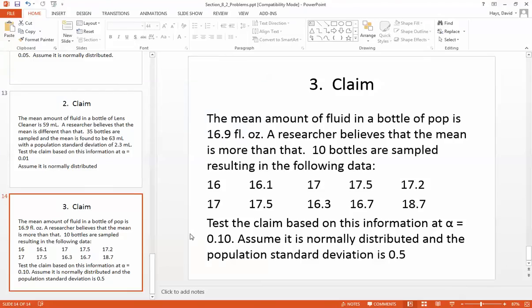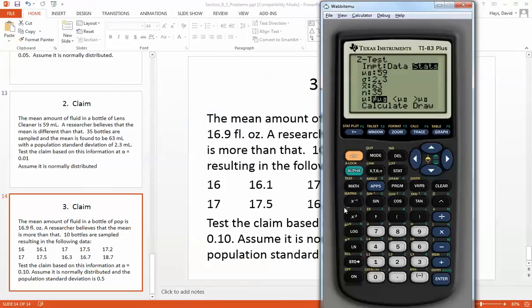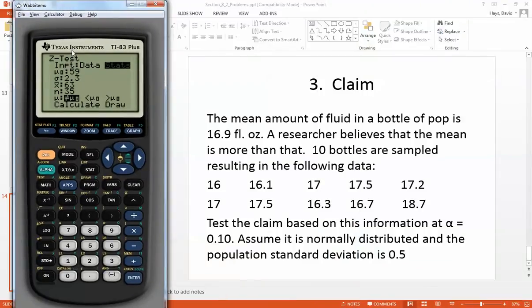Well, I got raw data, and I know eventually I'm going to need to have that in my calculator, so let me go put it in. I'll do second mode to exit out, go into stat, into edit, and I'll clear out L1.